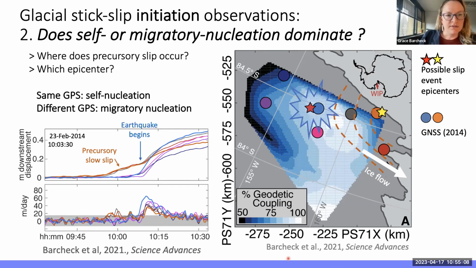And so in this particular case, it's pretty clear that the earthquake begins at this blue GNSS site. But the precursor is down here, at the orange and the red and the gray, and the slip of the earthquake begins at the blue site. So this is an example of migratory nucleation, where the precursory process and the hypocenter are in different parts of the fault.